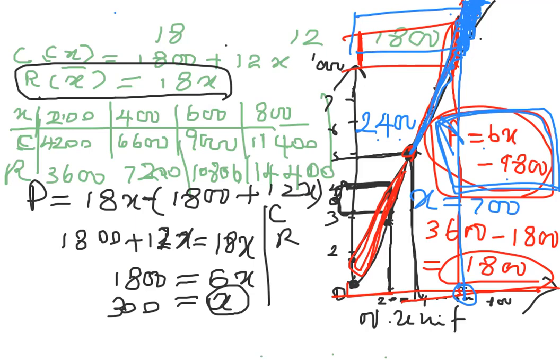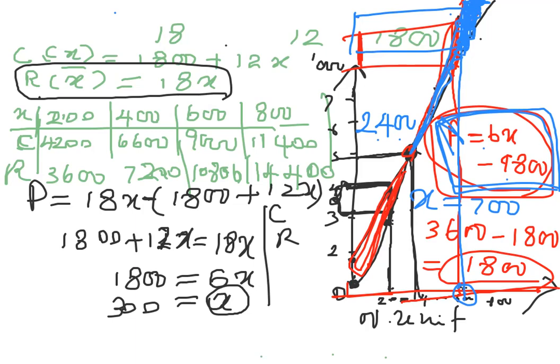I will explain again. In this case, it's asking what number we need to sell to earn the profit 2,400. So this one we can get the algebraic way. When we equalize our profit to 2,400, we have to consider the profit function, which is 6x minus 1,800.